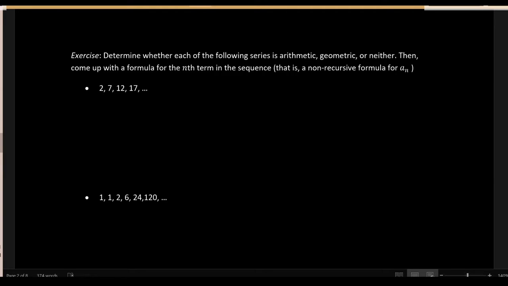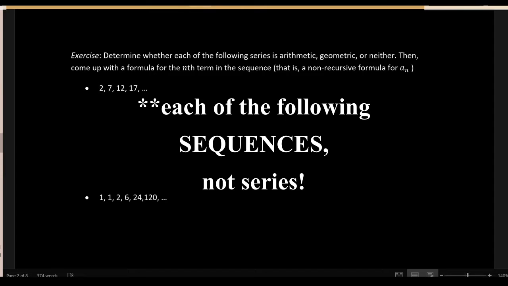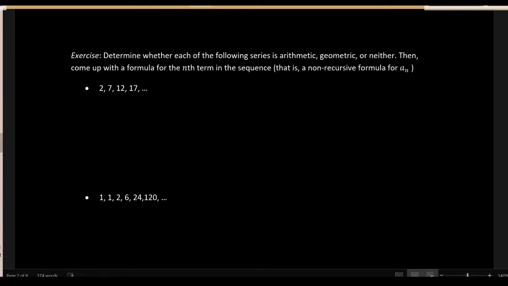Exercise, let's determine whether each of the following series is arithmetic, geometric, or neither. Then come up with a formula for the nth term in the sequence. That is a non-recursive formula for a sub n. So my convention will always be that the first term in the sequence corresponds to a sub 0.